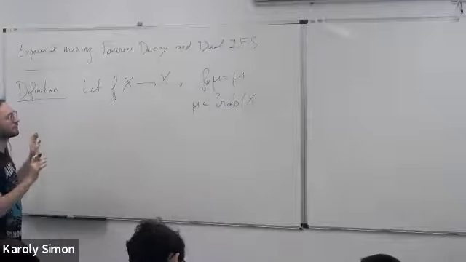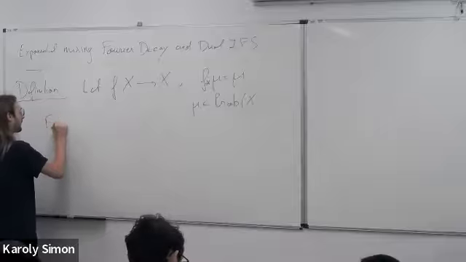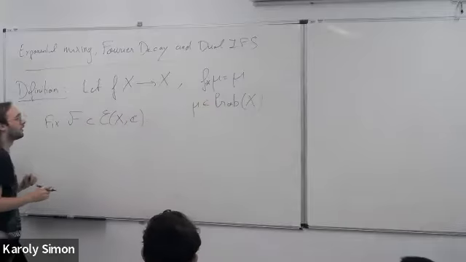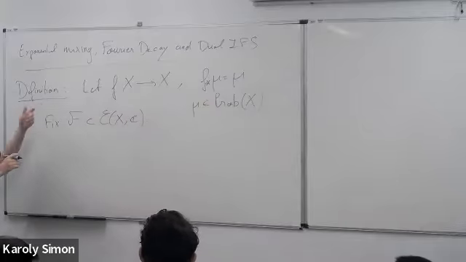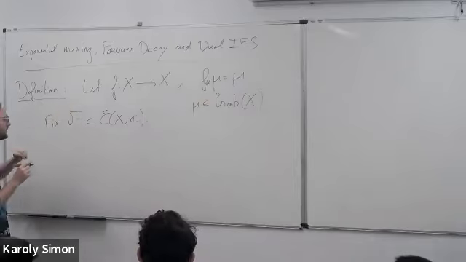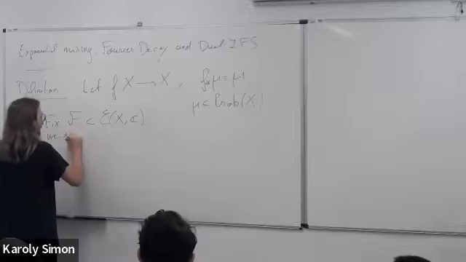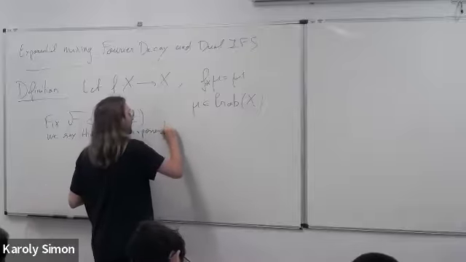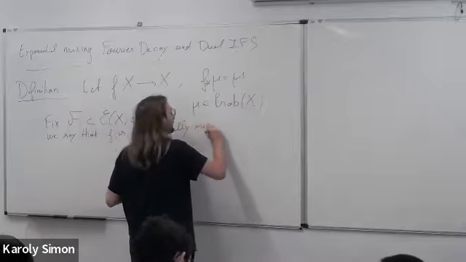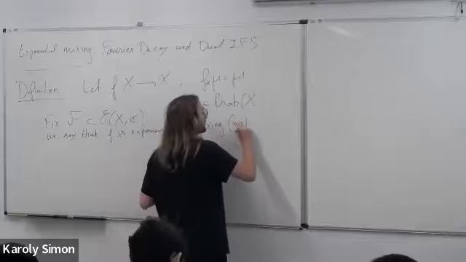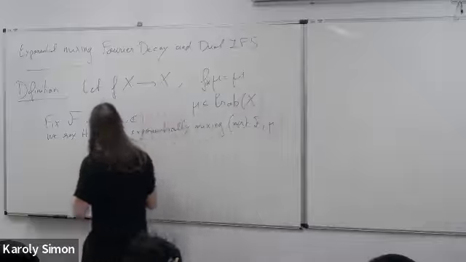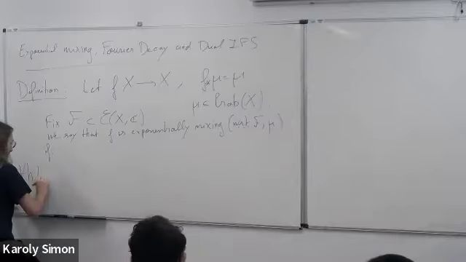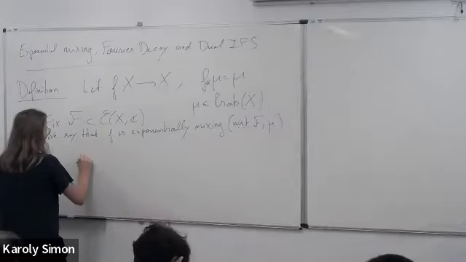And you need to fix the space of functions on X. And then you say that your dynamics is exponentially mixing with respect to this measure and with respect to F, in the following sense, if when you choose two maps, H1 and H2 in your space of functions, the following happens.